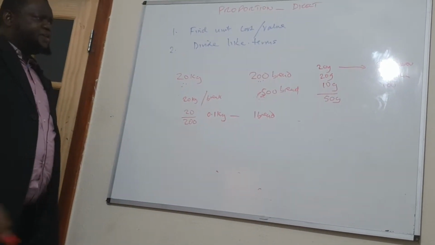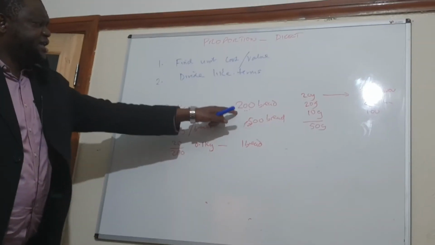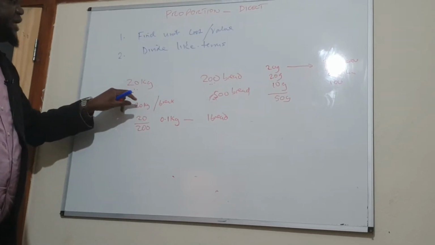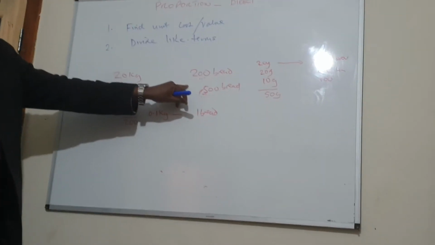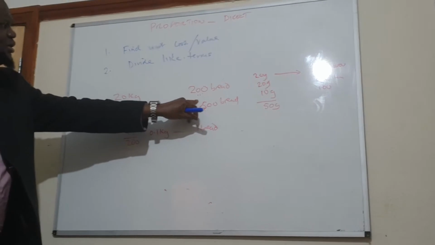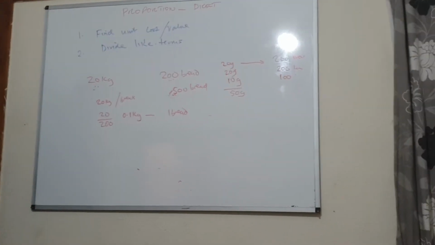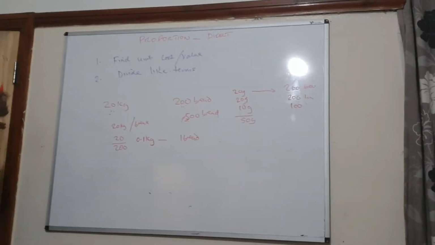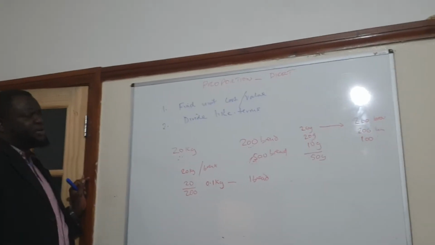You get me? If you do the other way around, 200 divided by 20, you're going to get 10, but that means 10 bread for 1 kilogram. You're doing it the other way around, but what are you finding?